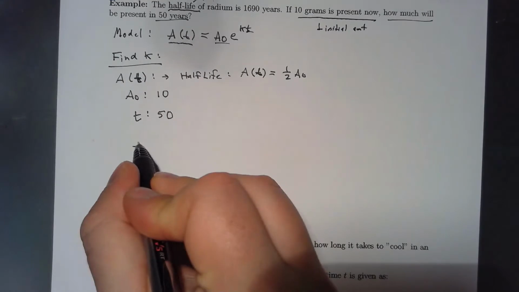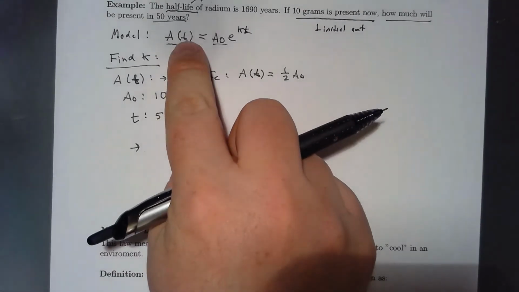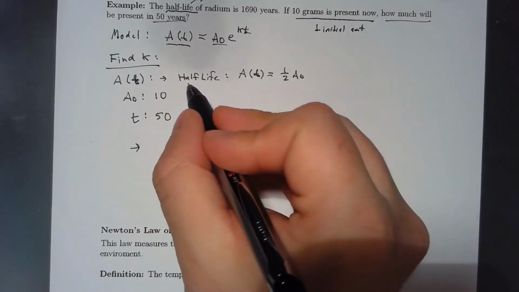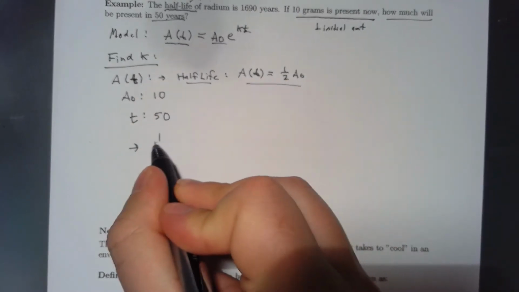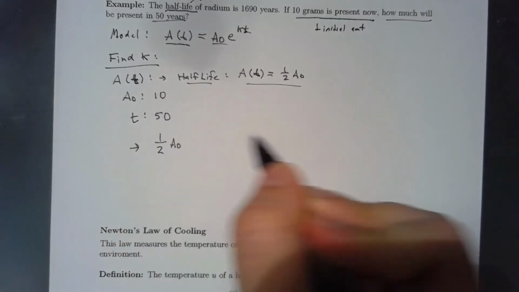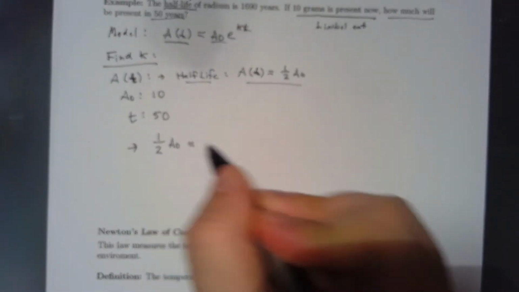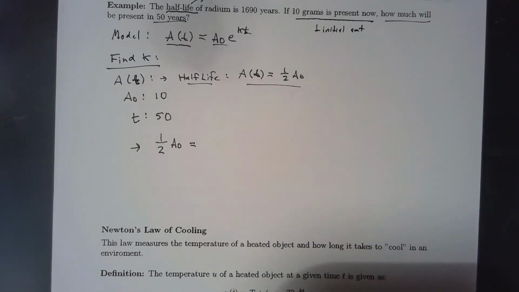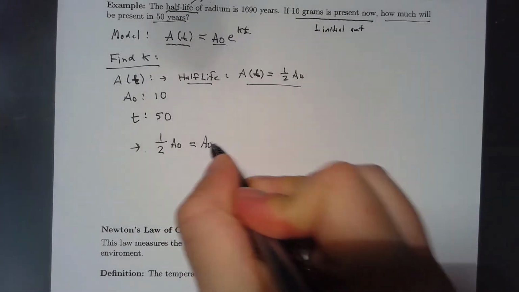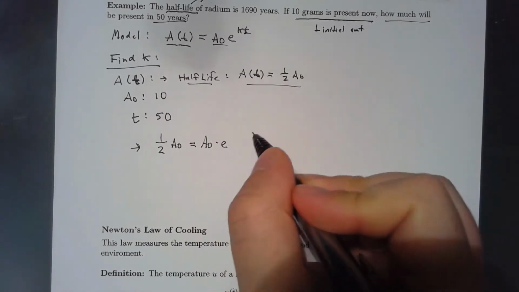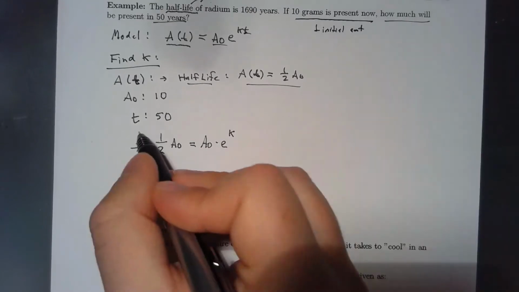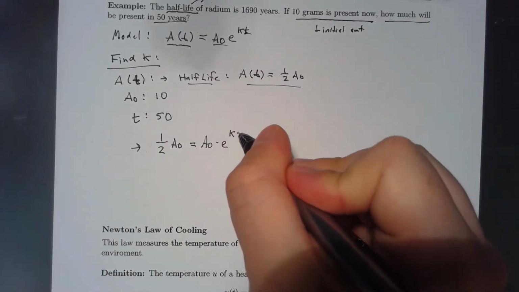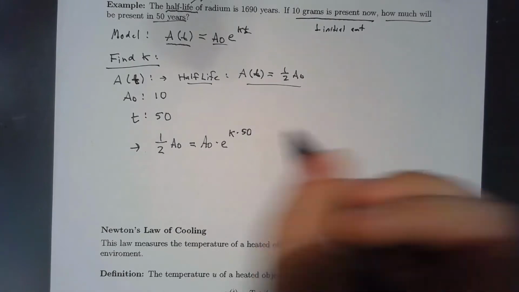So when I do that, remember, A of t equals, because I have a half-life here, this is going to become 1/2 A sub 0. And that's going to equal A sub 0 times e to the k times t power. Now t is 50. So that's going to be k times 50, or 50k.